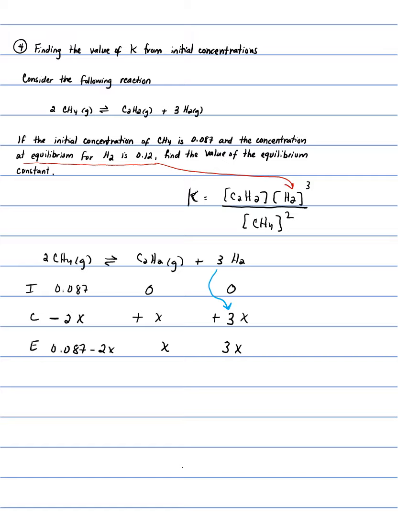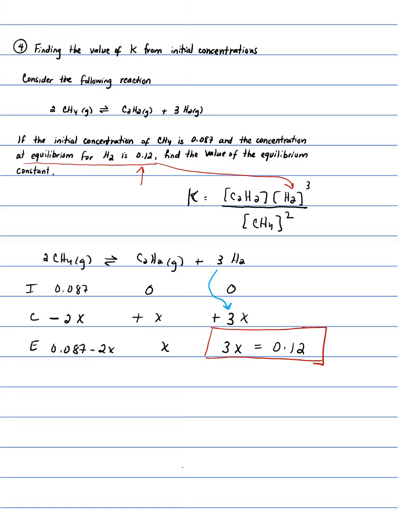Now, you know that the concentration at equilibrium for H2 is 0.12. So you see how I have here 3x. It's my concentration at equilibrium for H2. 3x is the same as 0.12. It's given in your problem right there.